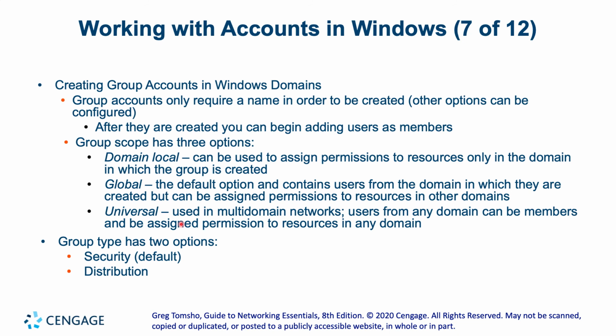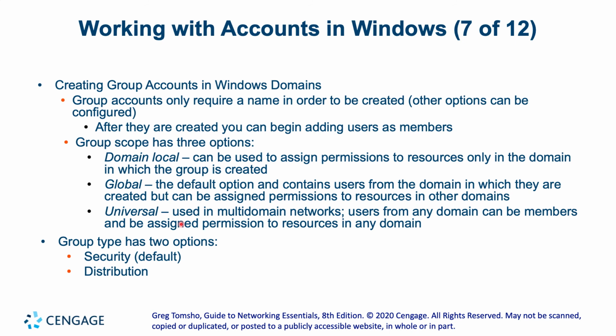So these different types of groups are different in who can be members of the group. So in a domain local group, the users that are in the group can be from any domain, but you can only assign permissions to resources in the same domain.